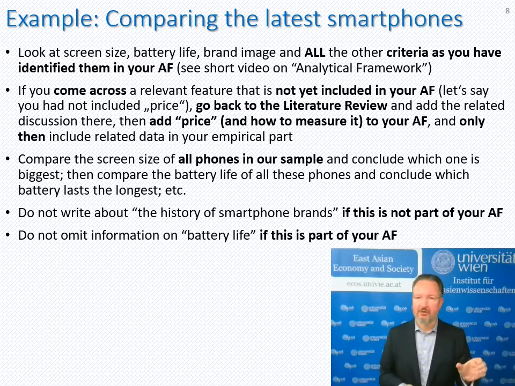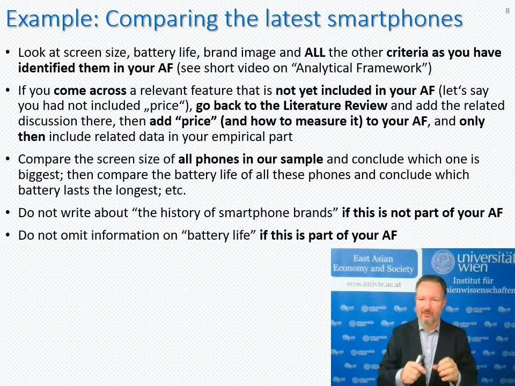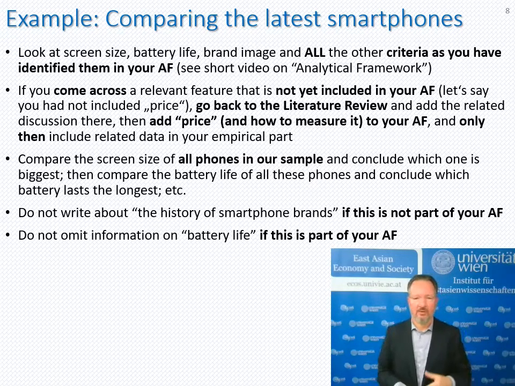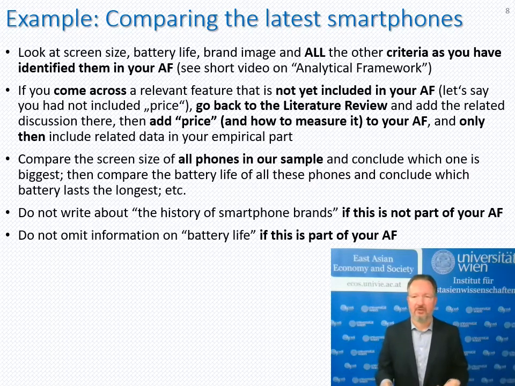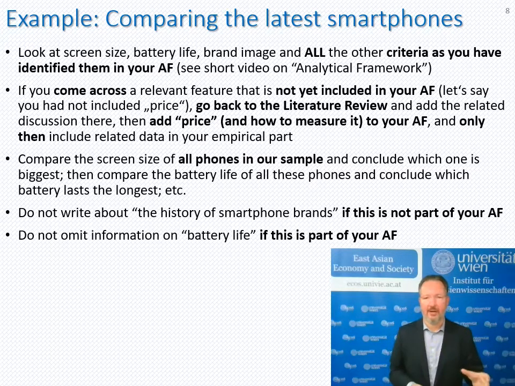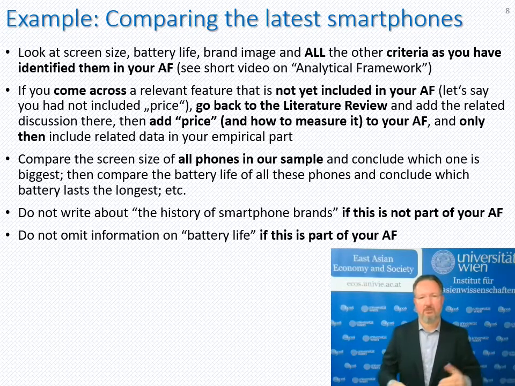Then after each criterion, you would perhaps have an intermediary summary saying, in terms of screen size, phone A has the biggest screen and phone B has the second biggest, and so on. You measure the battery life and say phone C actually has the longest battery life, while phone A is actually worst amongst the 5 examples I have here. So you look at all your phones in your sample according to one criterion, then you move on to the next one.